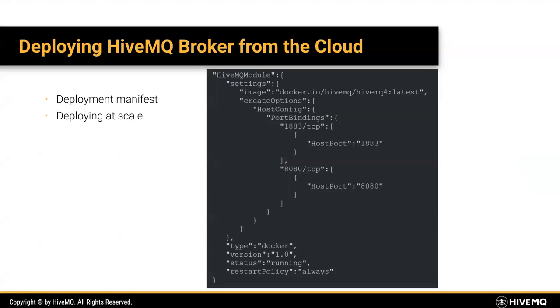In the settings section, it's plain JSON, as you can see, and you tell IoT Edge: get this HiveMQ module from the public Docker repository and use these create options to start it, where we bind port 8080 for using the web interface to check the status of the HiveMQ broker, and where we bind the MQTT port.